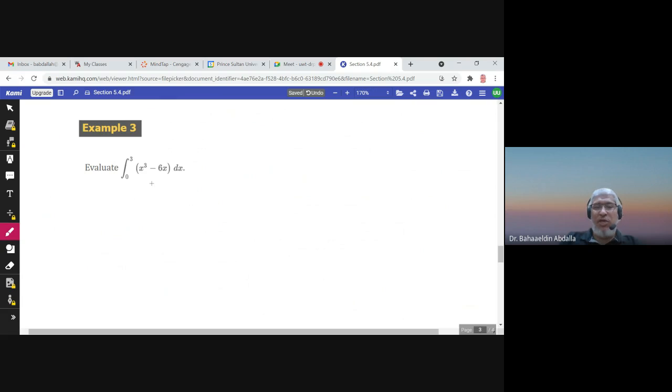Another question, and notice that this is a definite integral. All right, this would be equal to the indefinite integral of this. We need the integral of x cubed.